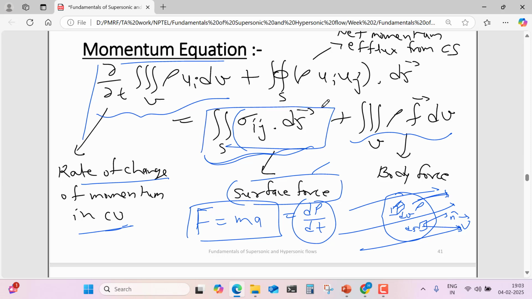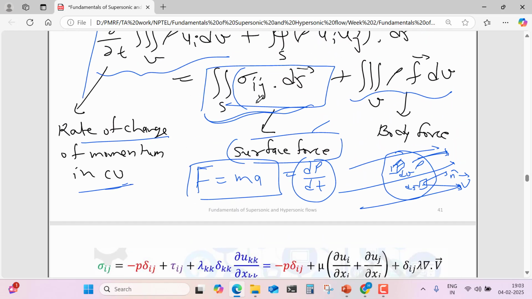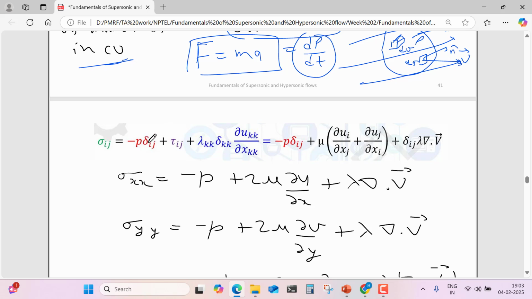And this one term is sigma ij. Sigma ij can be given by minus p delta ij plus tau ij plus lambda delta ij times dou u kk upon dou x kk. This tau ij is given by mu times dou ui upon dou xj plus dou uj upon dou xi.